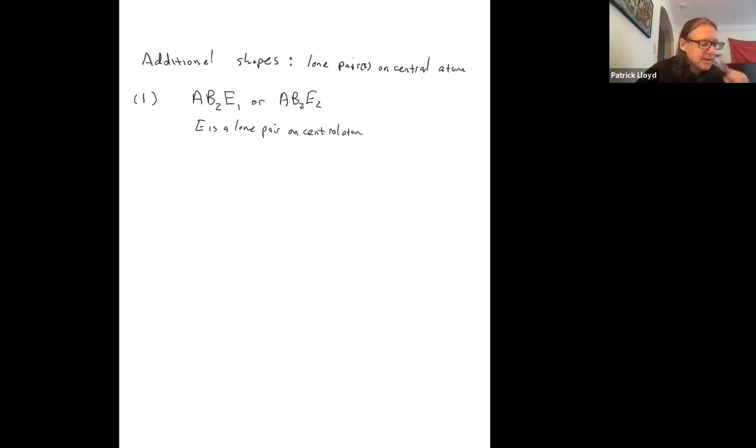Okay. Now, what happens when you have 1 or 2 lone pairs on the central atom is those lone pairs take up space. So let me show you what I mean by that. So imagine we have a central atom with 2 surrounding atoms.